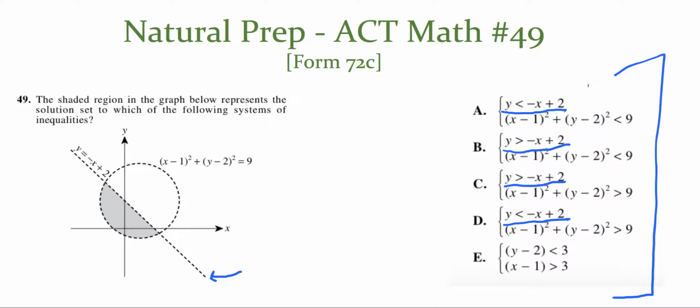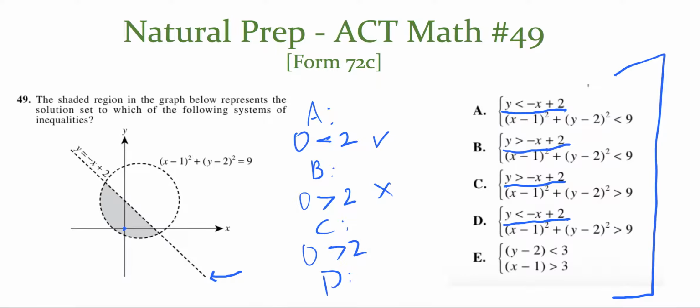If we plug in the origin, we need something that satisfies the inequality. In A, for example, if we try 0, 0, we get 2 is greater than 0, which works. B, we'd get 0 is greater than 2, which is not true. And C, we'd get the same thing.